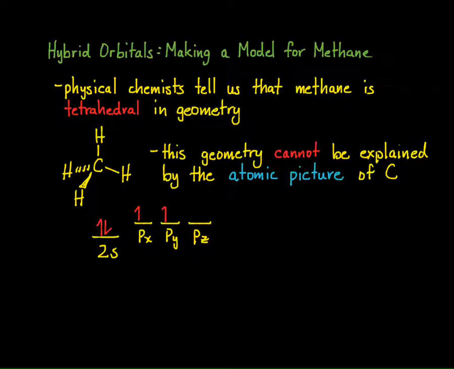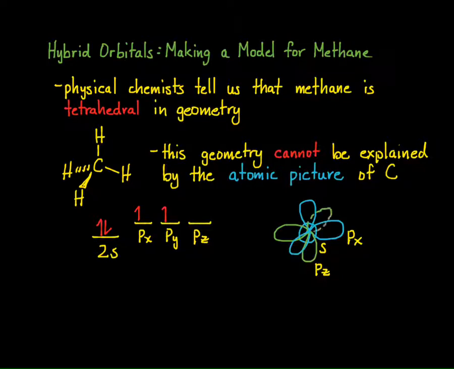If we draw a picture of this, we start with that 2s orbital of carbon, so that's the s orbital. Then we have the three p orbitals, the px and the pz, and then the py is going to be coming out at us. So px and pz are in the plane of the board, and the py is coming out at us.